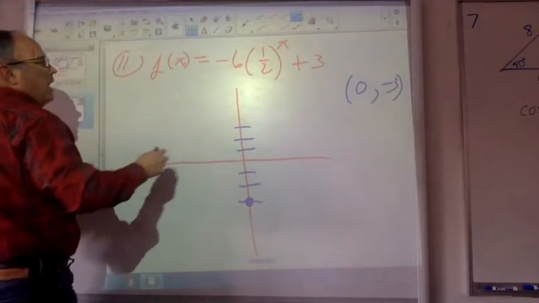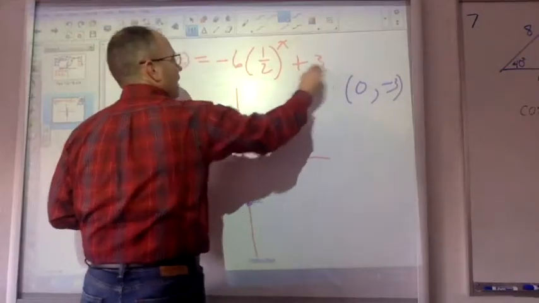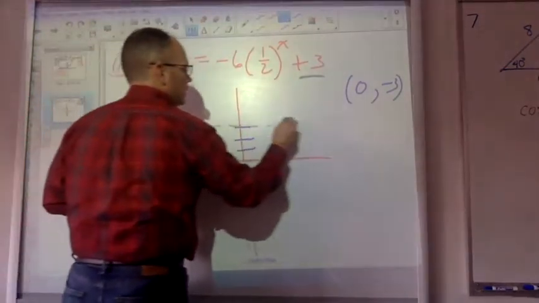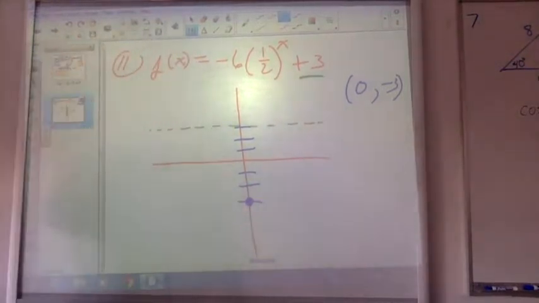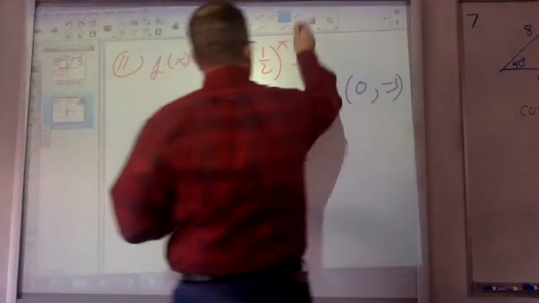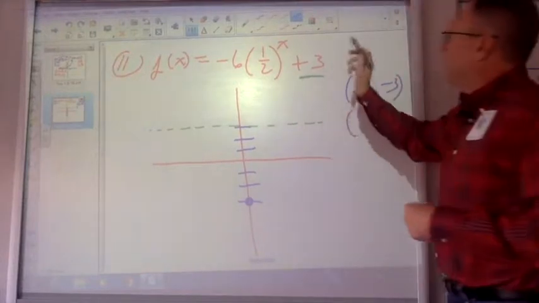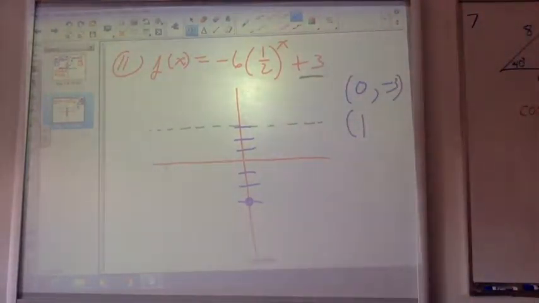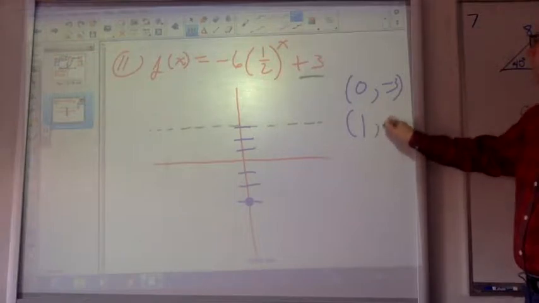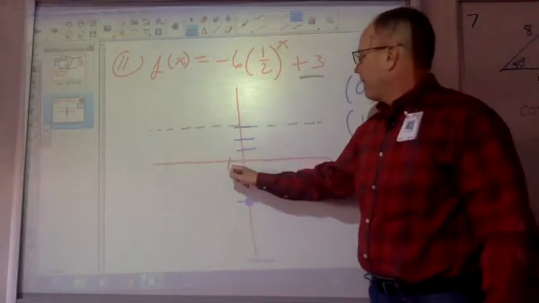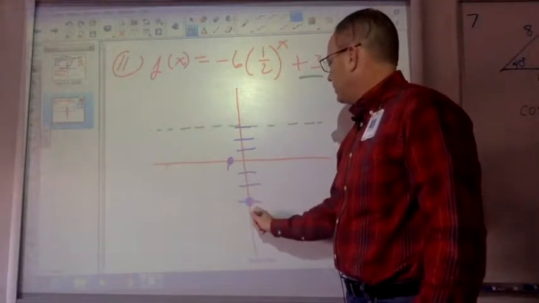This one does have an asymptote at 3. Okay. Now let's plug 1 in and see what we get out of that. 1/2 to the first is 1/2. 1/2 times -6 is -3. -3 added to +3 is 0. So we go here.